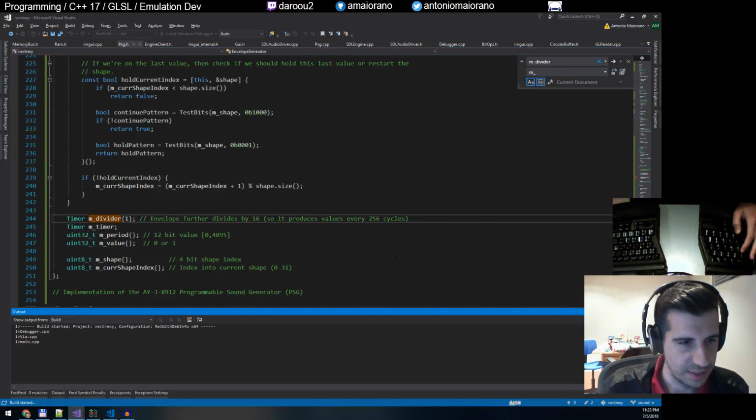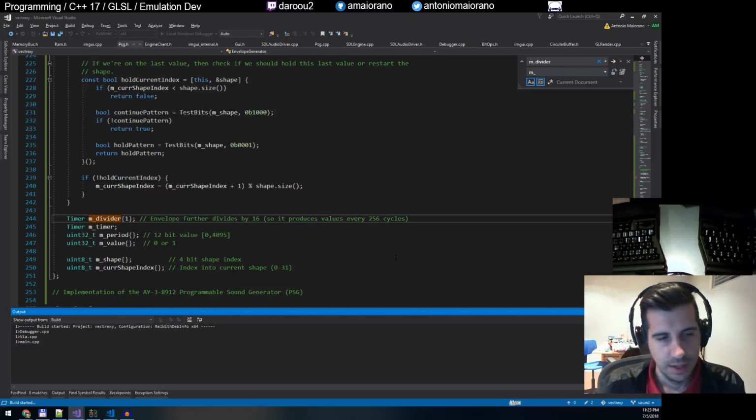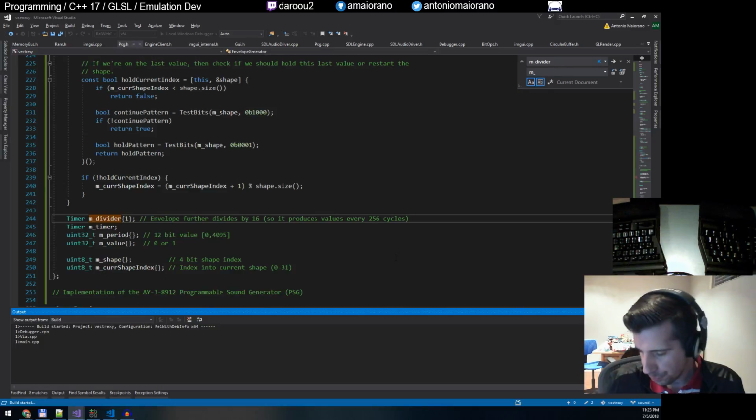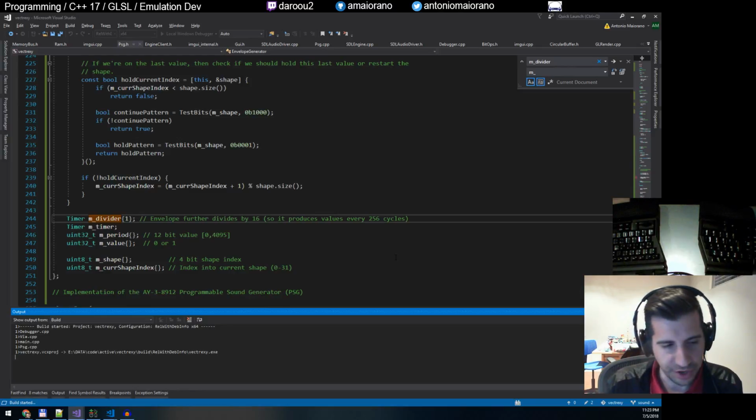Just for shits and giggles, let's put 1. So this would be like every CPU cycle. I'm just curious what would happen.